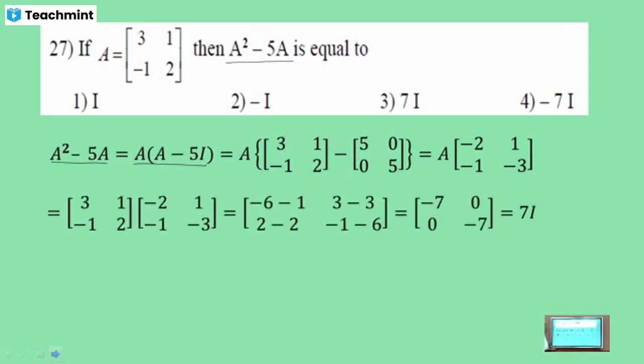When I take the product of those two, you get the solution as minus 7 0 0 minus 7. Minus 7 0 0 minus 7 has minus 7 as common. When I take minus 7 as common, what remains is the identity matrix. Hence your option is the fourth option.